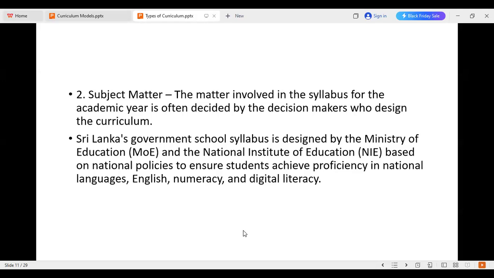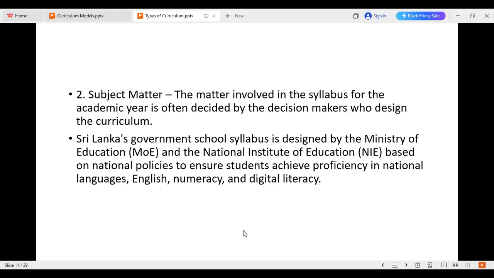Sri Lanka's government school syllabus is designed based on the national policies to ensure students achieve proficiency in the national language, English as a second language, numeracy, mathematics, and digital literacy.